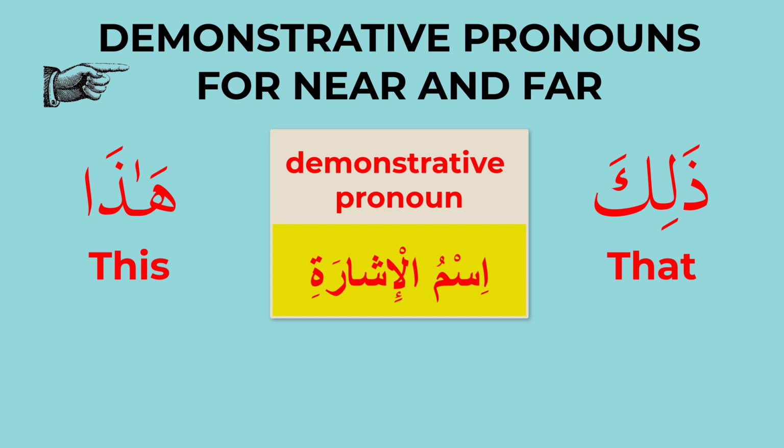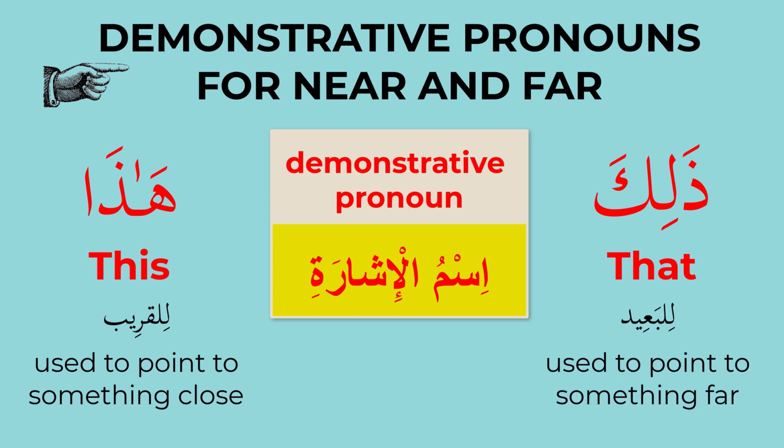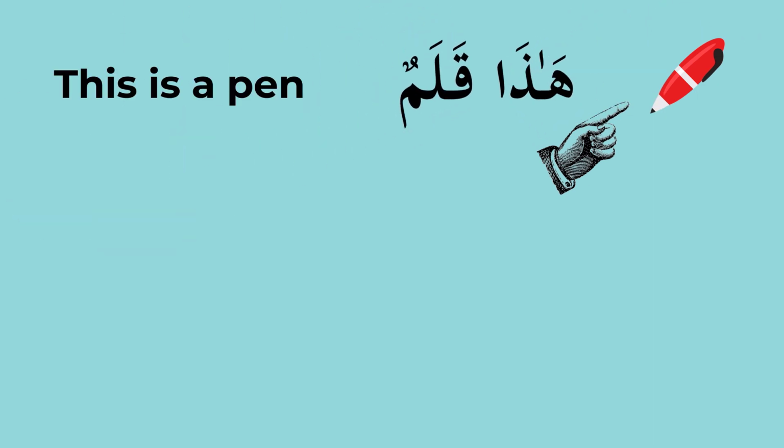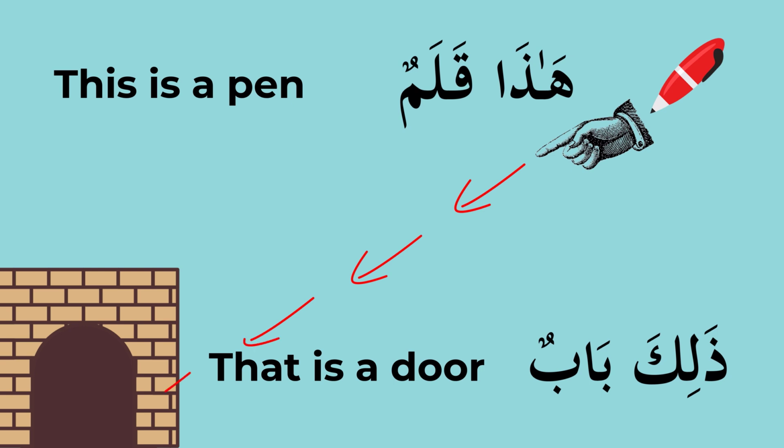In Arabic, we say, haza ismul ishara lil qarib, for something that is closer, and zalika ismul ishara lil ba'id, for far things. Haza qalamun, zalika babun. So when I have to point out something which is far, you just use zalika.